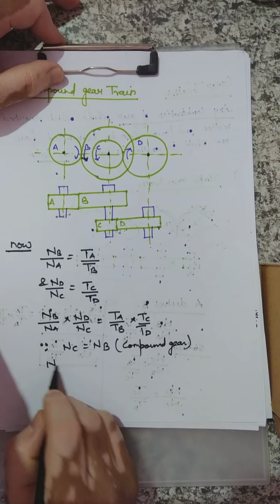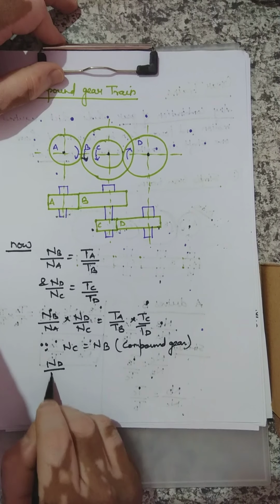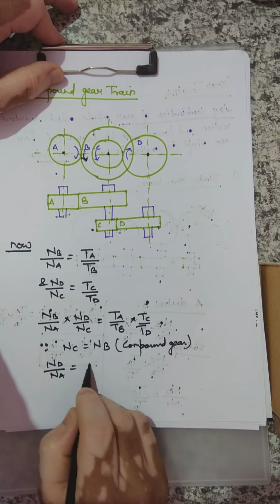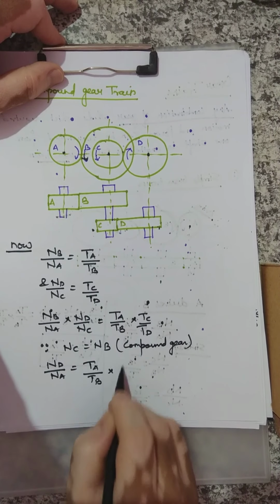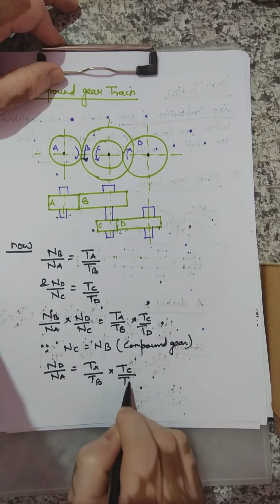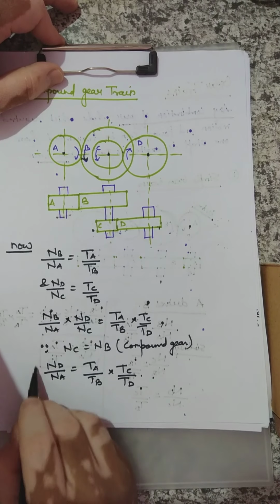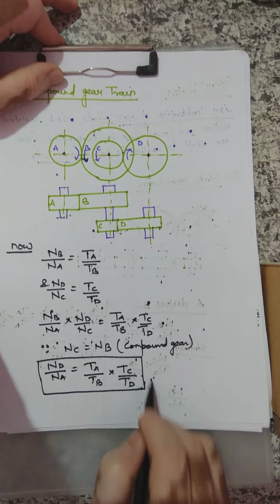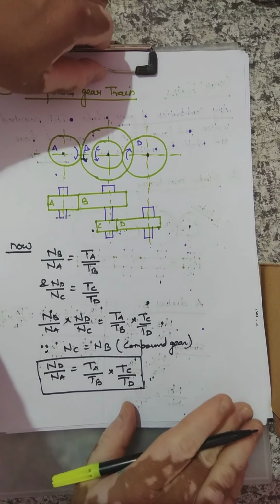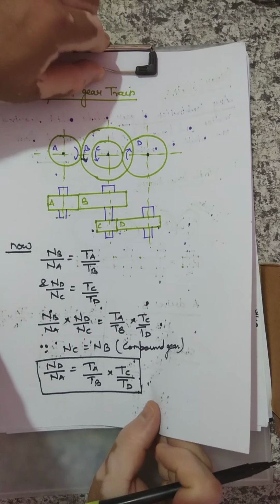That's why ND by NA is equal to TA by TB into TC by TD. So this is the velocity ratio for the compound gear train.